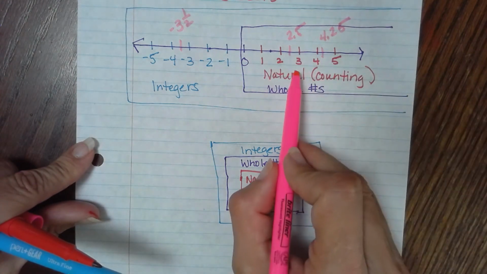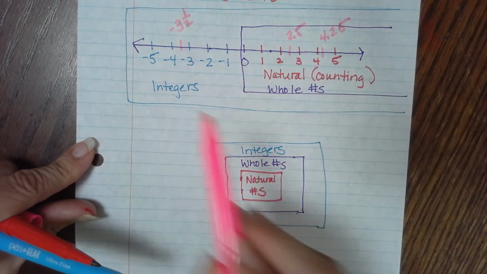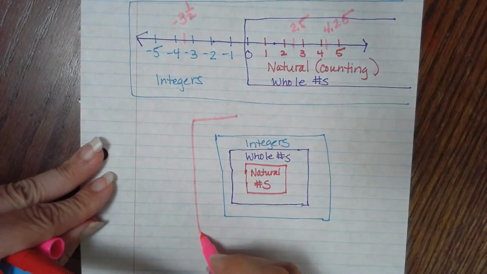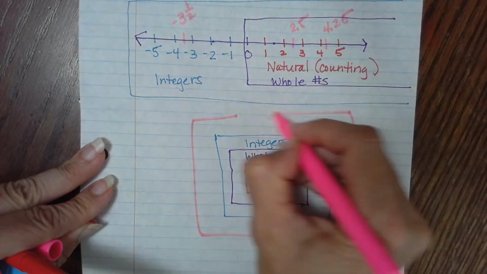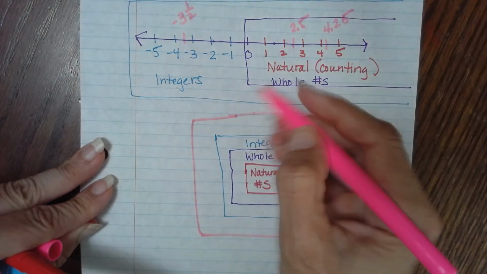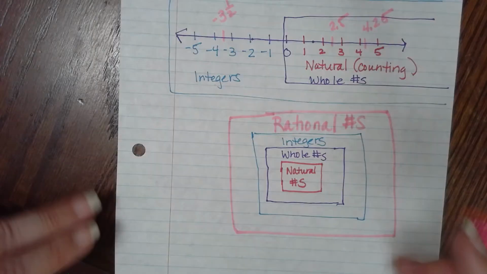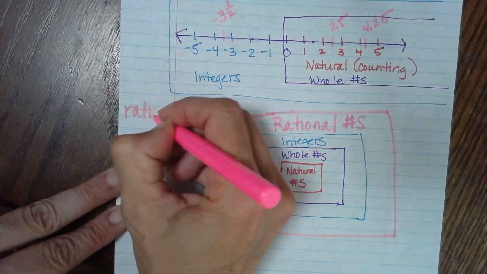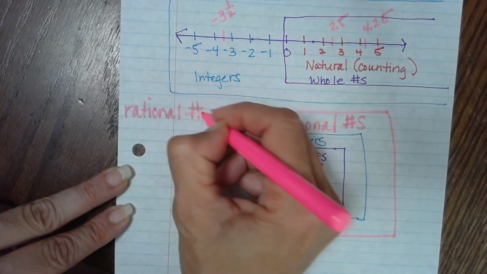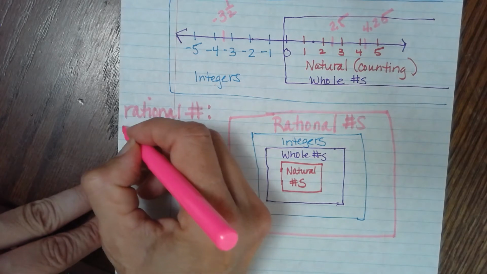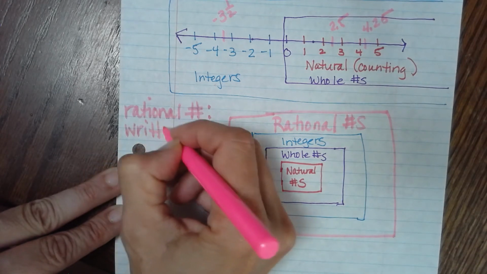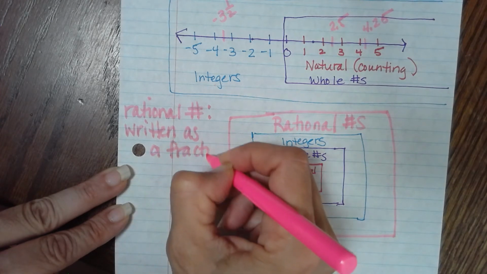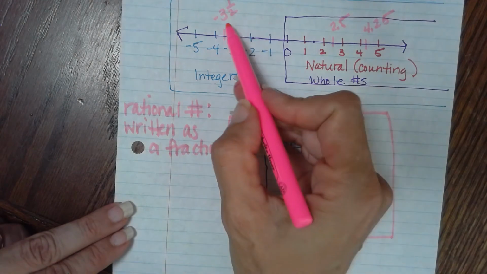Decimals and fractions are not natural, they are not whole, they are not integers, but they are rational numbers. So rational numbers, let's write this here, are any number that can be written as a fraction.